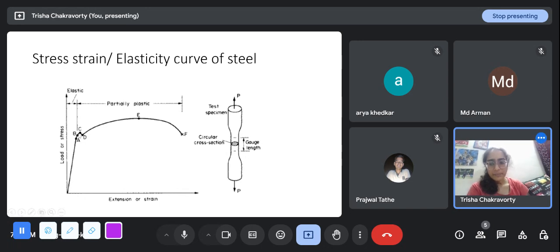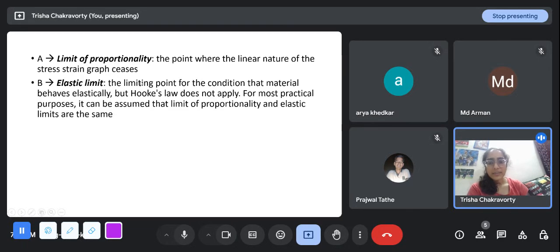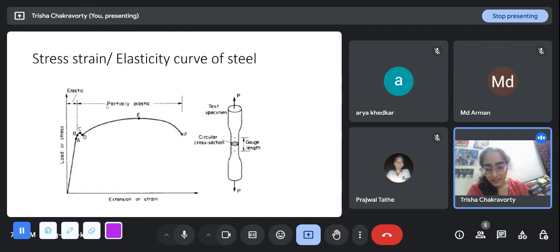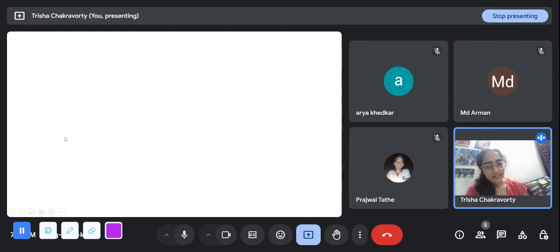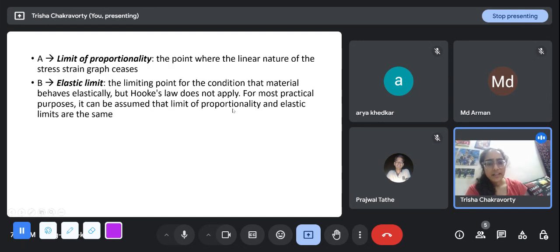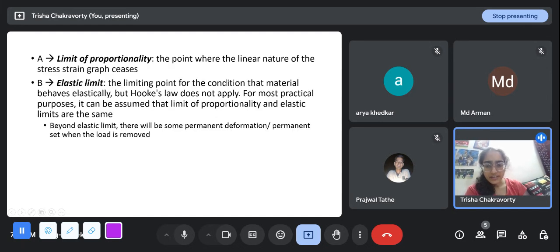Then up to B is the elastic limit. It means the limiting point for the condition that the material behaves elastically. But Hooke's law does not apply. Hooke's law means stress is proportional to strain, but this A to B part is not linear. So Hooke's law is not applying, but the material is behaving elastically. What does that mean? That means that beyond the elastic limit there will be some permanent deformation or permanent set when the load is removed.